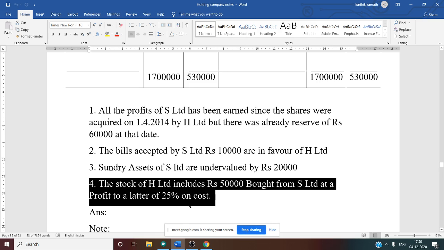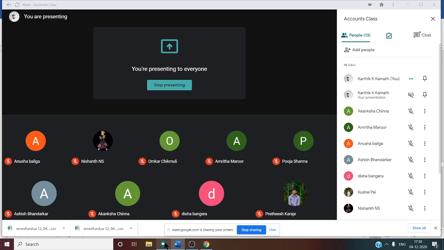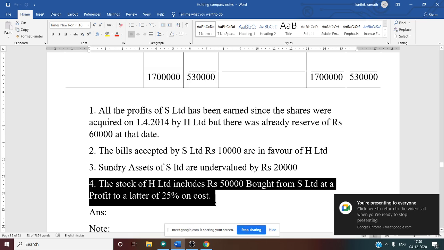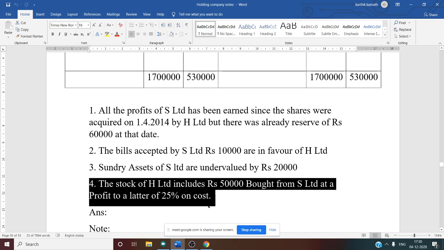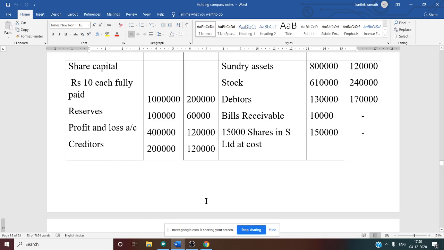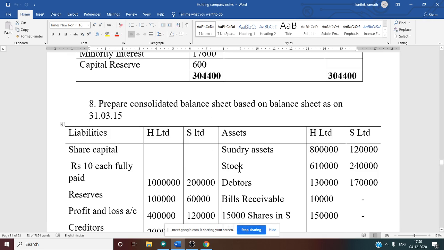Now the fraction is 1 by 5. So 1 by 5 converted into percentage is 20%. So now it is very clear, 25% on cost is equal to 20% on selling price. So this problem is very simple if you understand the adjustment.